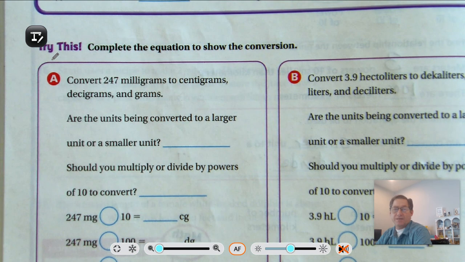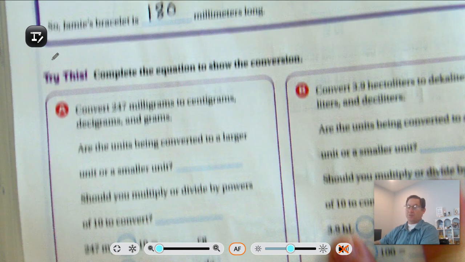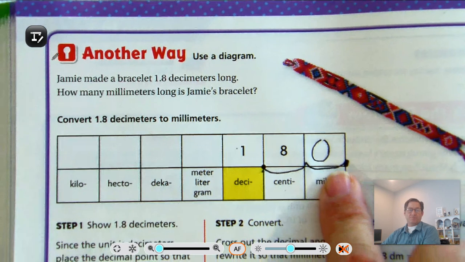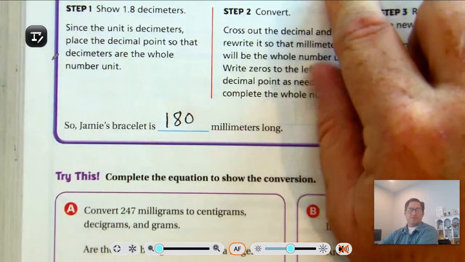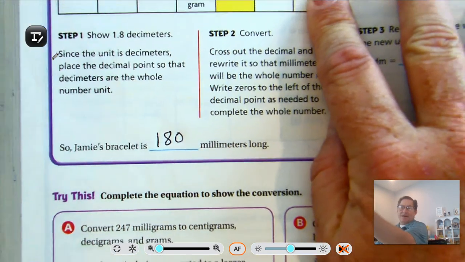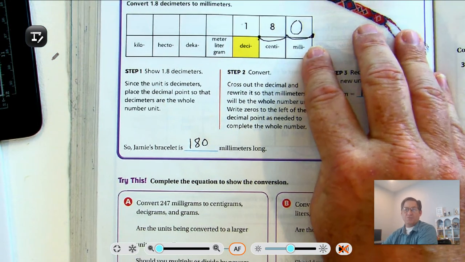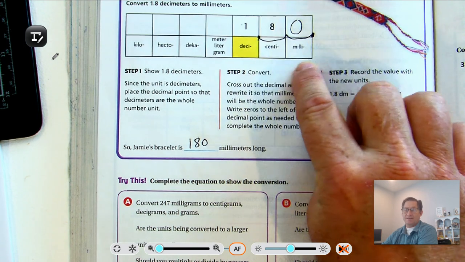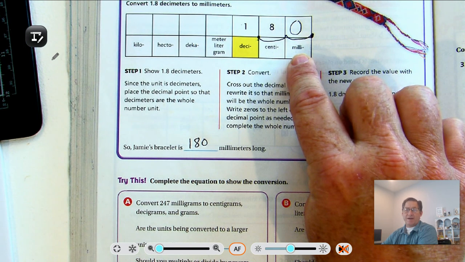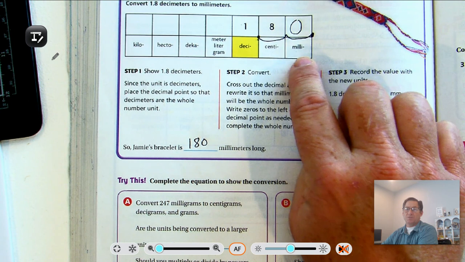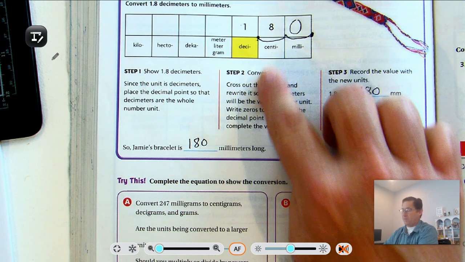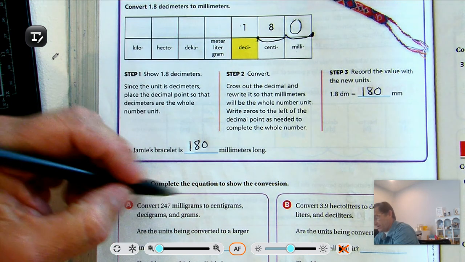All right, so complete the equation to show the conversion. Convert 247 milligrams to centigrams, decigrams, and grams. Are the units being converted to a larger unit or smaller unit? Okay, so let's look. If we're at milligrams and we're changing to centigrams, we're going to the left. That means the milligrams are smaller. So we're going from smaller to larger, so we're going to divide.